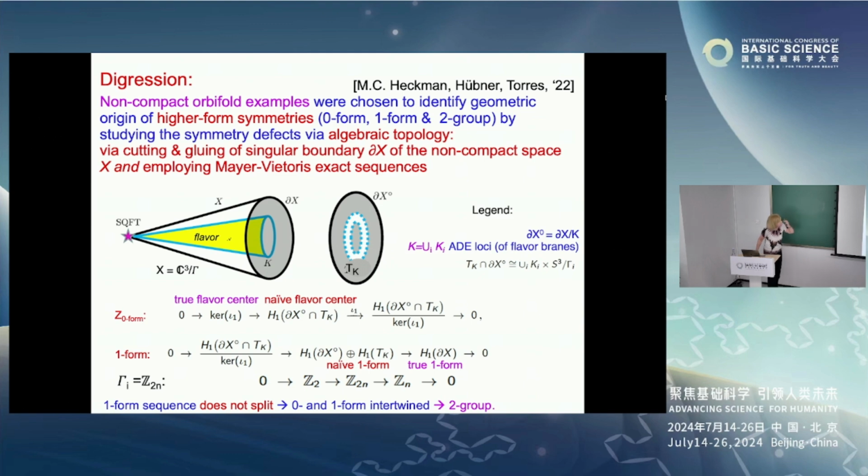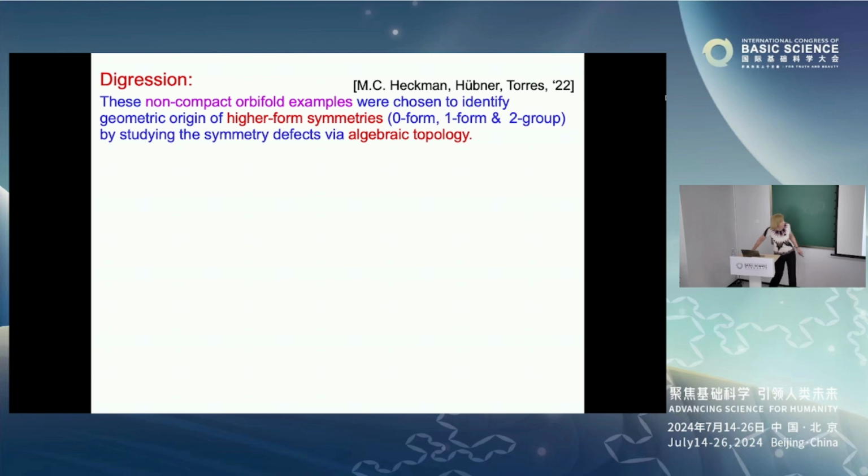And beyond these non-compact orbifolds, we also got examples of one-form symmetries and two-group structures in other examples like elliptically fibered Calabi-Yaus, G2 manifolds and so on. But this is not so much the point of what I'm talking about here.